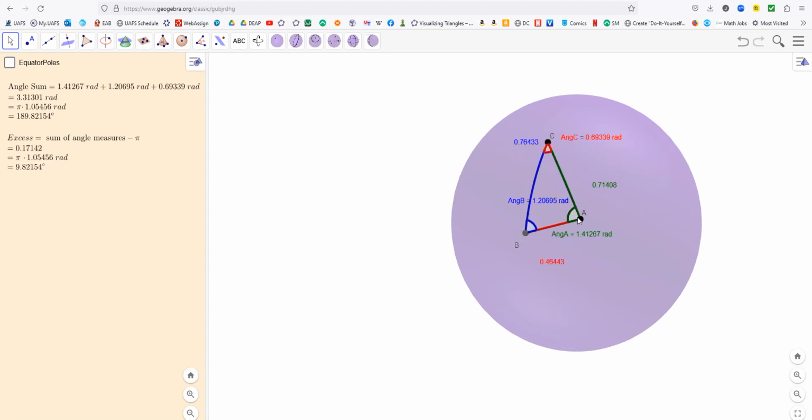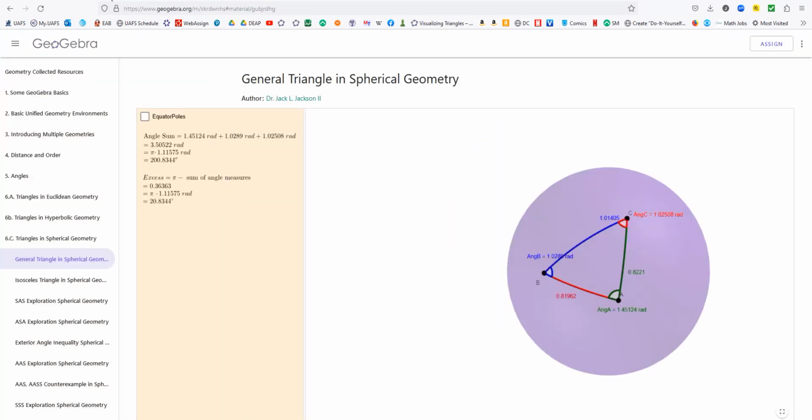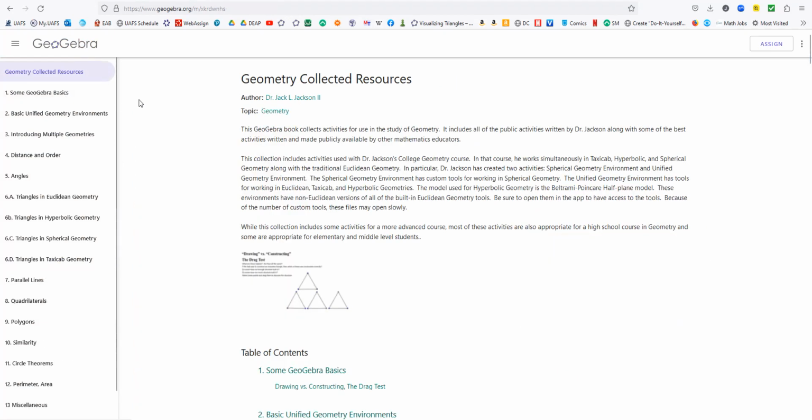They'll always add up to something more than that. Okay? Now, so it turns out that the angle sum thing depends on which geometry you're in. Of course, taxicab geometry is the same as Euclidean geometry when it comes to angles.